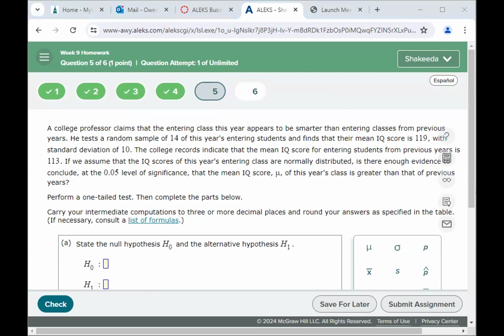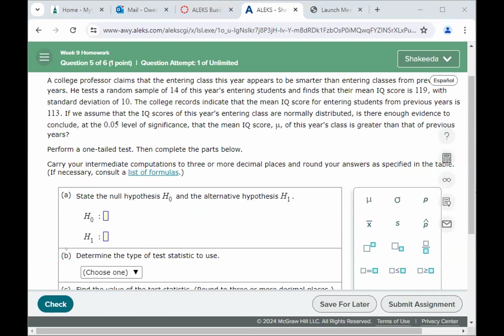Random sample. So sample size would be 14. Their mean IQ would be 119. Standard deviation of 10. And should be like 13. So here we will have mu equal to 119.